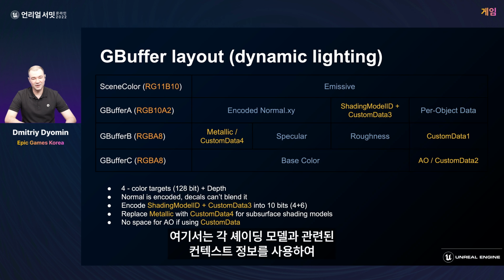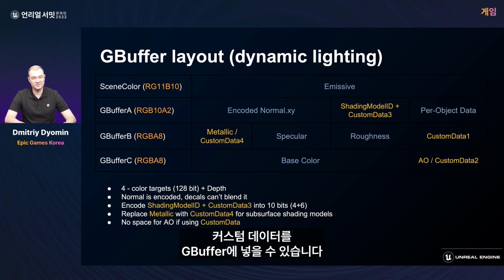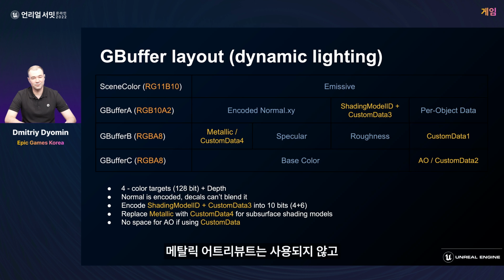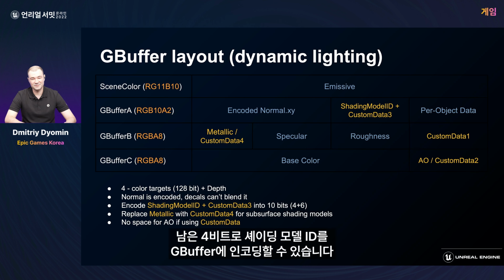Here we can use some context knowledge about each shading model to fit their custom data into G-buffer. For example, for subsurface shading model, we know that metallic attribute is not used. Currently, there are only 11 shading models, so 4 bits will be enough to encode shading model ID into G-buffer.